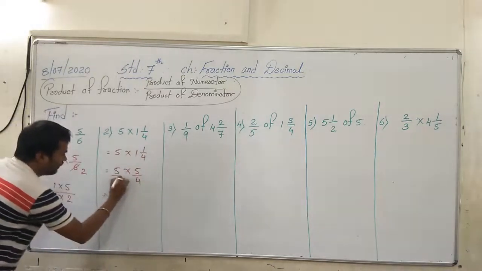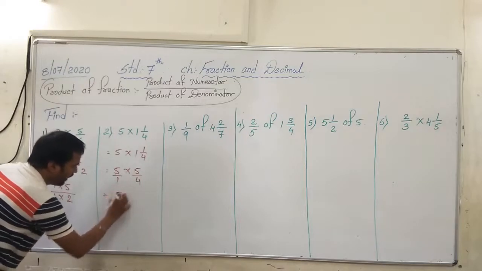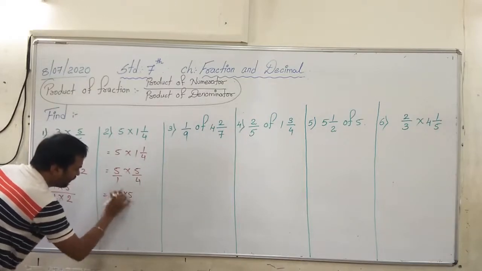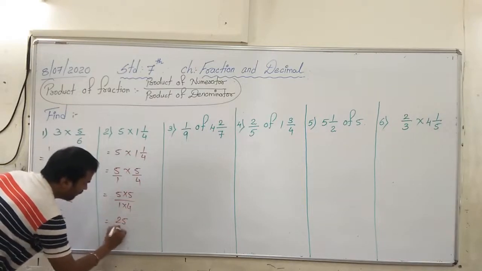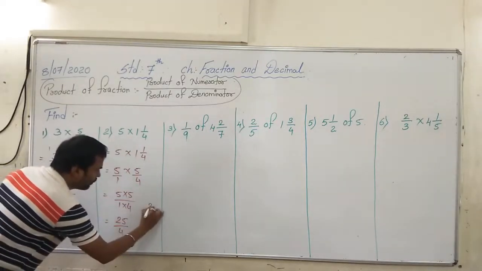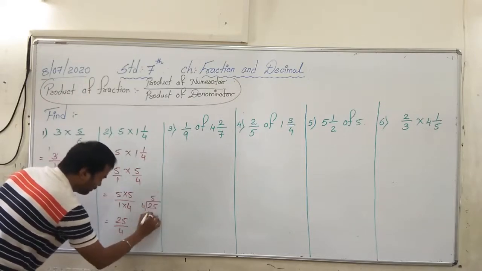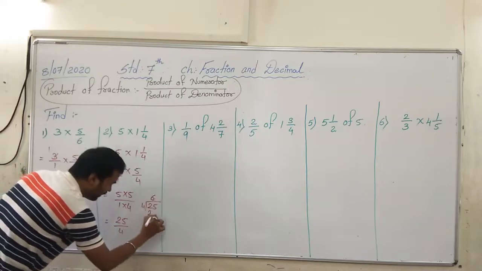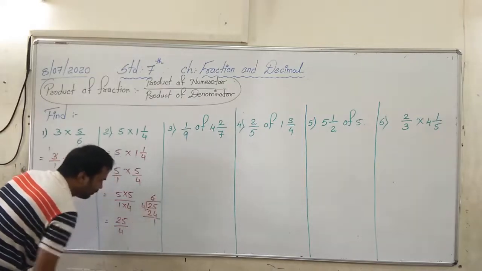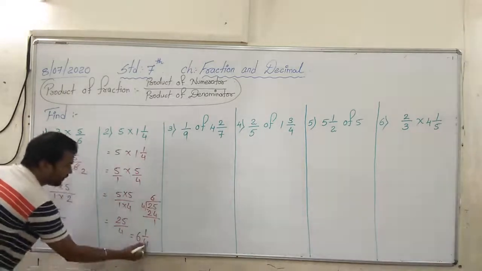So that is equal to 5 upon 1 multiplied by 5 upon 4. 5 5s are 25 upon 4. So 25 divided by 4. 4 6s are 24. What remains? 1. So that will be 6 integer 1 upon 4.